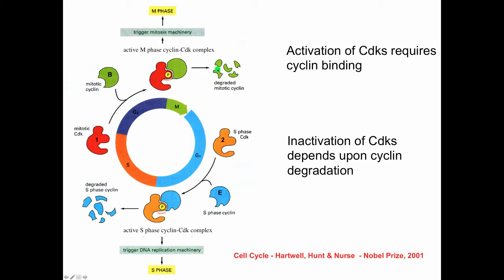And the only way you can go from one stage to the next in the cell cycle is to degrade the appropriate cyclin to progress forward. So in this simplified figure, it shows the activation and degradation of the mitotic cyclin, or on the bottom, the activation of the S-phase cyclin-dependent kinase, and then its subsequent degradation to progress from G1 beyond S into G2. This basic understanding of the cell cycle led to the Nobel Prize in Physiology and Medicine.